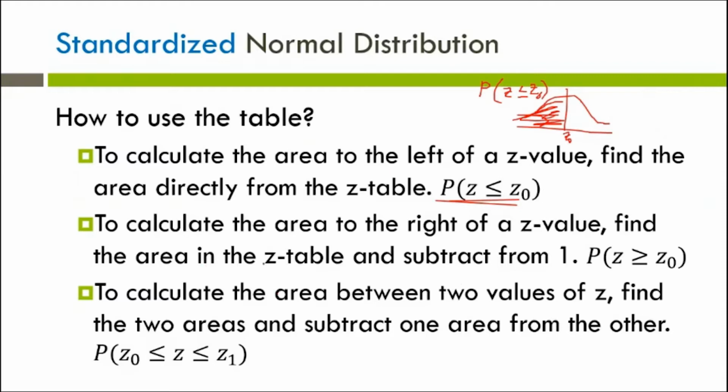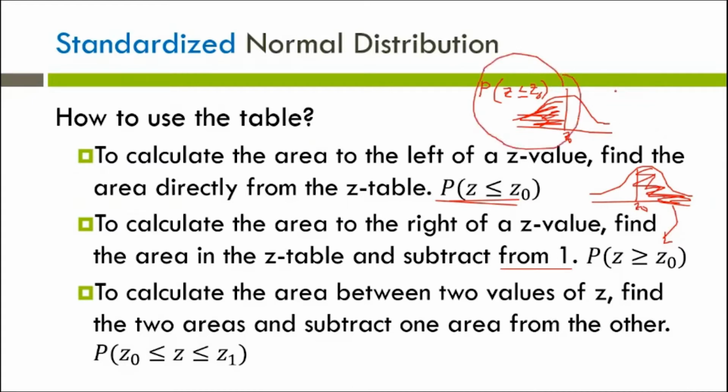However, if we want to calculate the area to the right of the z-value, we have to find the area in the table and subtract from 1. Since we are looking for this one, but those values in the z table were actually referring to this other notation.